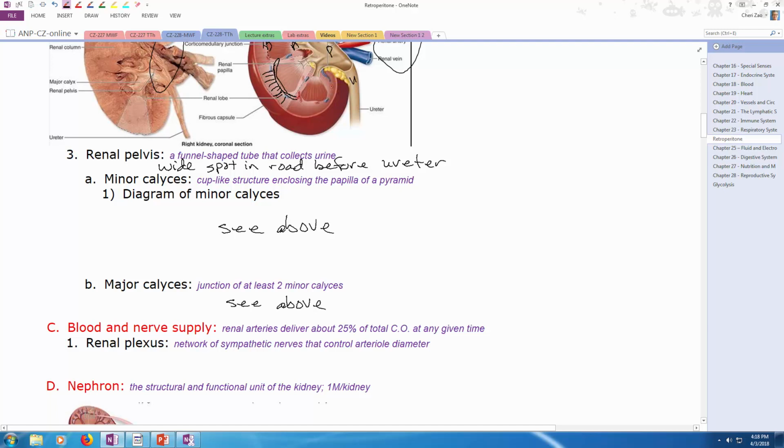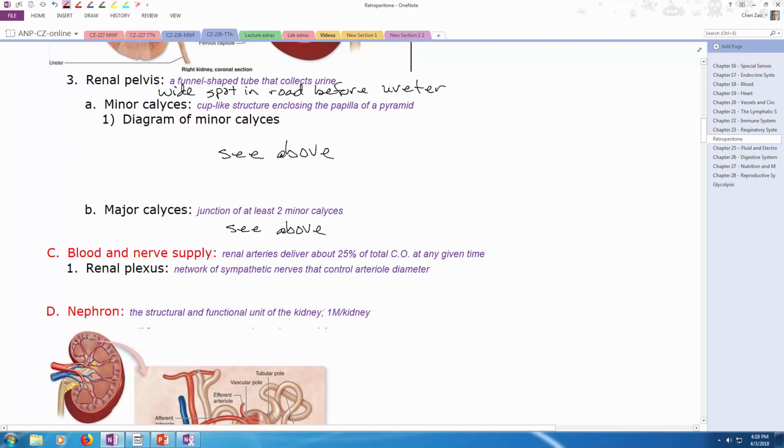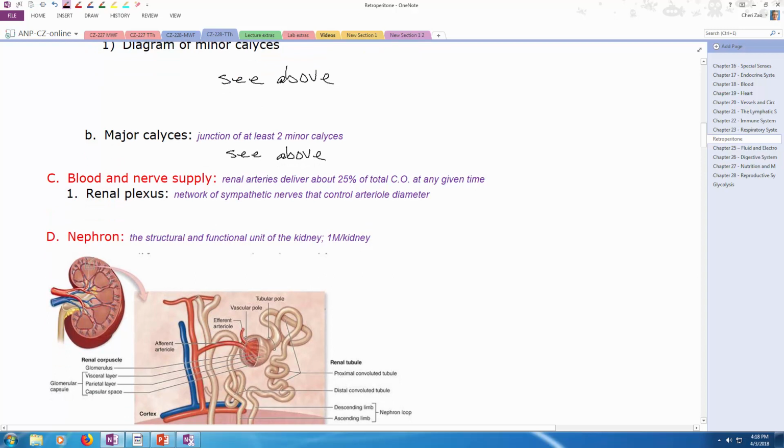Blood and nerve supply. What's fascinating, those two little beans in our body, deliver about 25% of the cardiac output at any given time. So it's amazing. They are getting a large volume of blood because they are very important in filtering the blood and monitoring the homeostasis for your system and making sure the fluids and electrolytes and blood pressure and blood volume are all working fine for you.